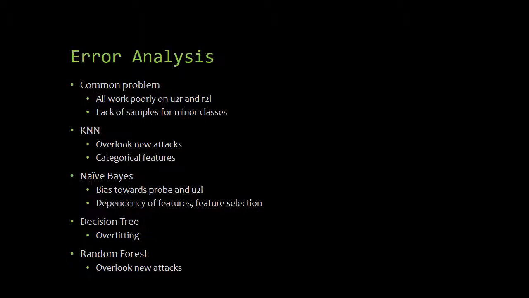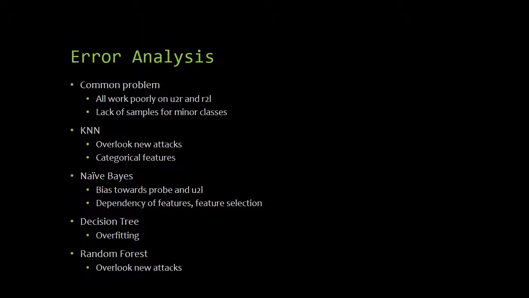One common problem is that all the methods worked poorly on minor classes, especially U2R and R2L. This might be because of the lack of samples for these classes. There is not enough information to make this classification for these classes.